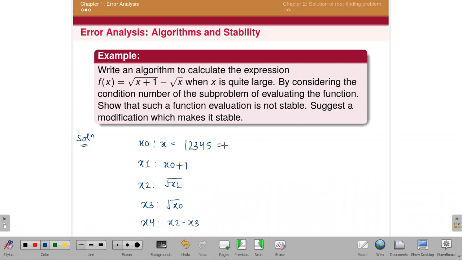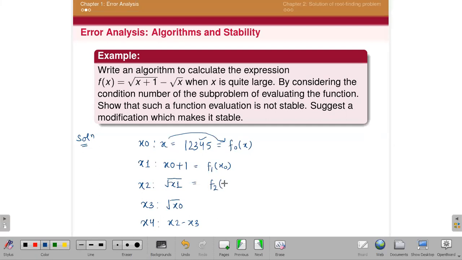Now I can write this as f naught of x. At each step you are getting a function.